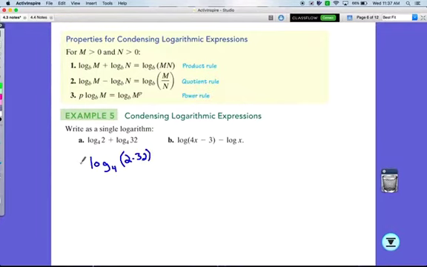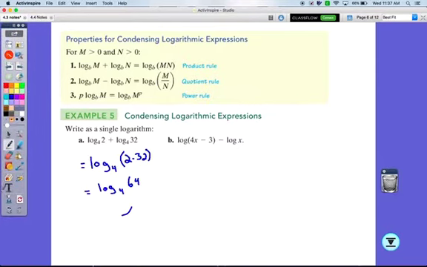All right, which on this one I can actually multiply that out. Log base 4, 2 times 32 is 64, which is actually nice because I know what that is. 4 to what power gives me 64? Well, 4 squared is 16, and 4 to the 3rd is 64.